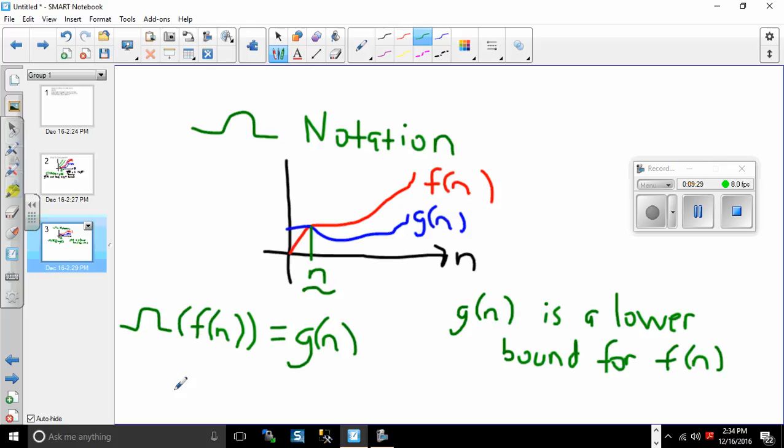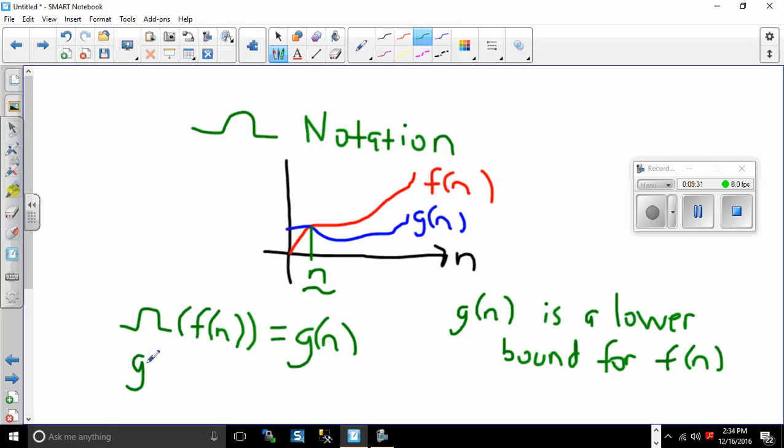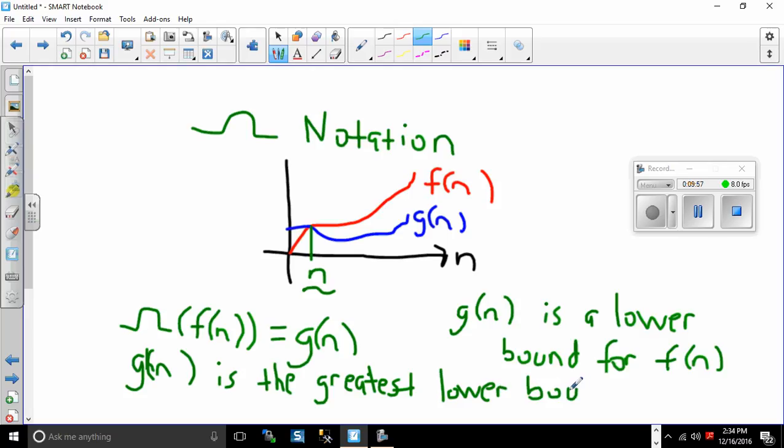So we say that in this particular case, g of n is the greatest lower bound. That's what we mean by the omega notation.